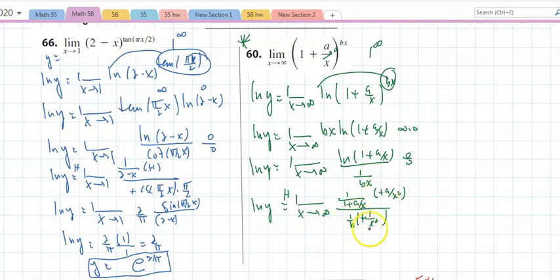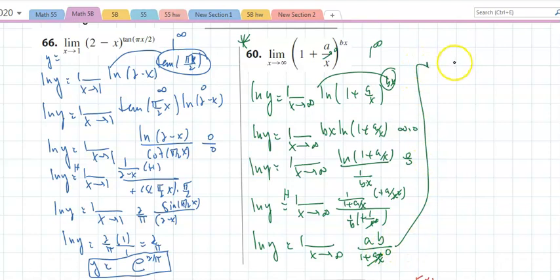So the negatives become positives, those cancel out. Natural log of y will equal the limit as x approaches infinity of ab over 1 plus a over x. As x approaches infinity, this will approach 0. And I'm left with natural log of y equaling ab over 1, and y would equal e to the ab.